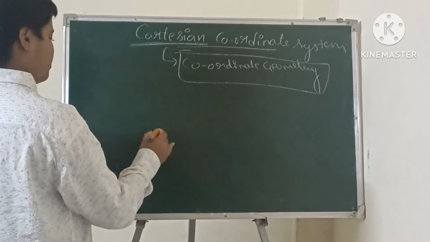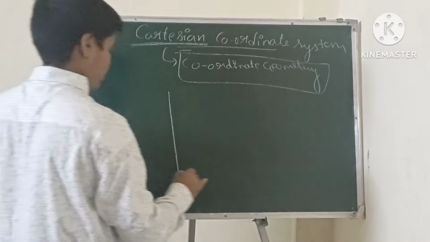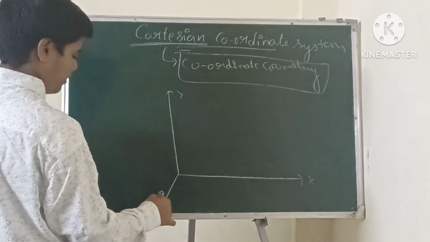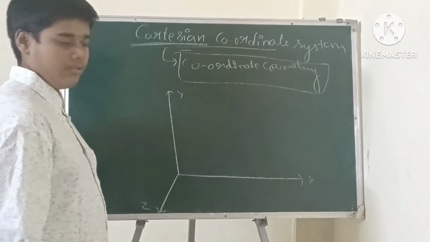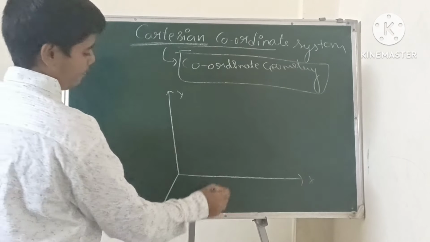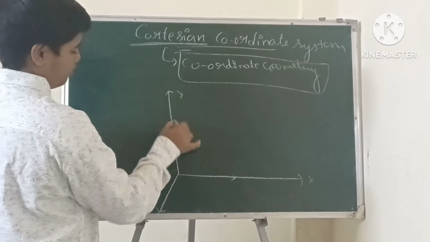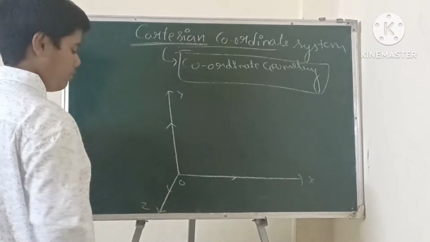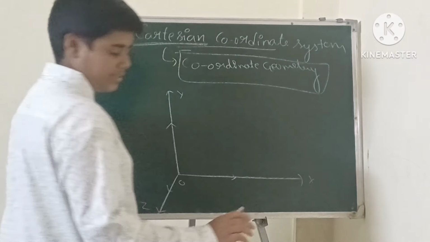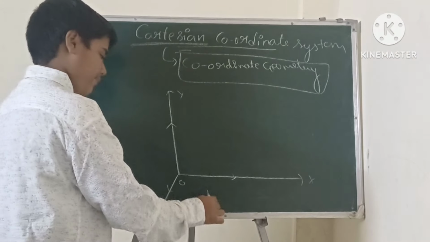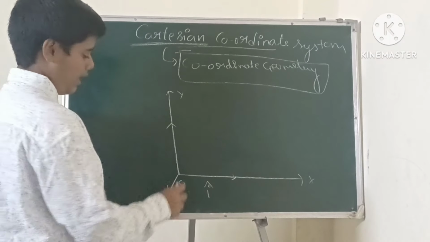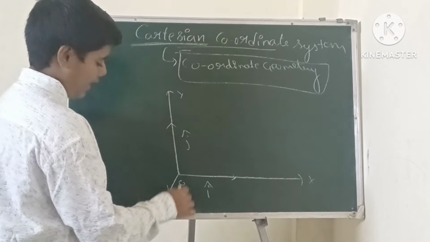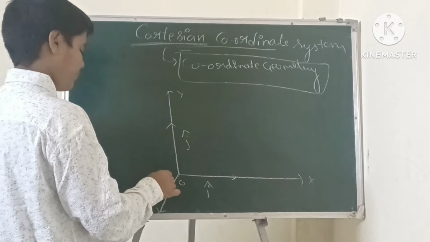And here this is the y-axis, this is the x-axis, and this is the z-axis. Along these axes there are 3 vectors, and this is the origin O. So along the x-axis, the unit vector is i cap. Along the y-axis, the unit vector is j cap. And along the z-axis, the unit vector is k cap.